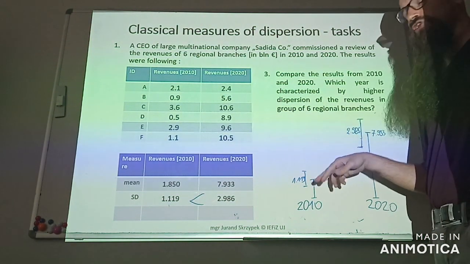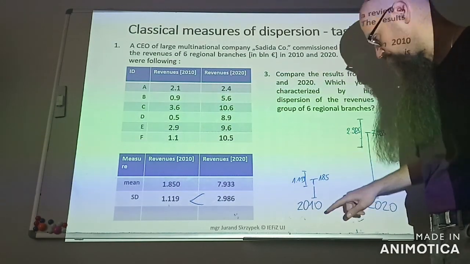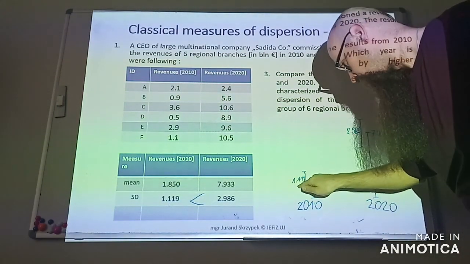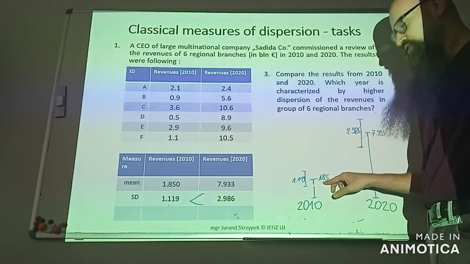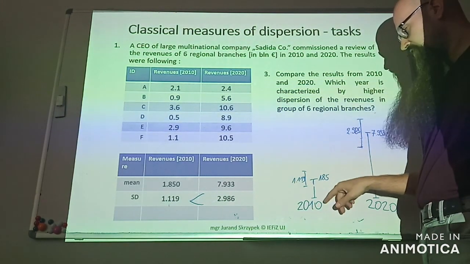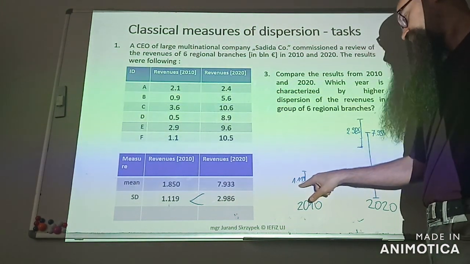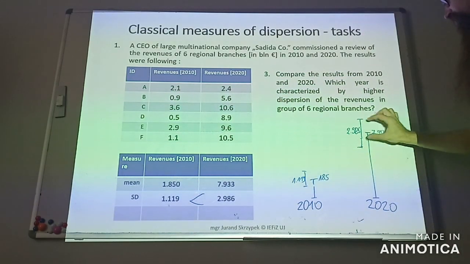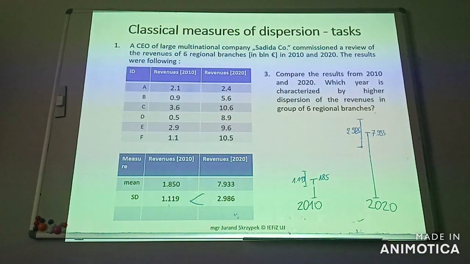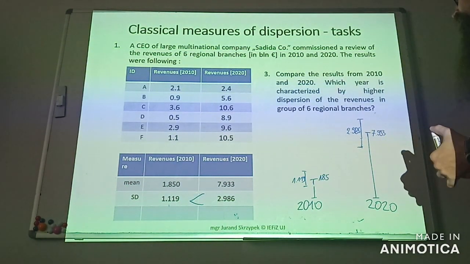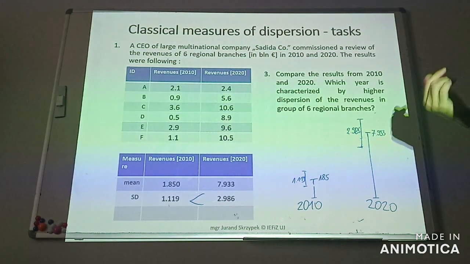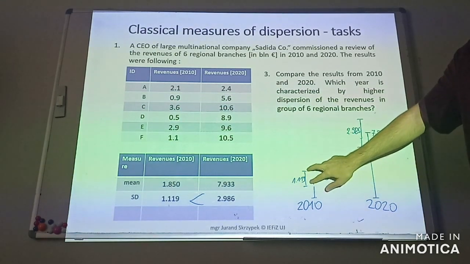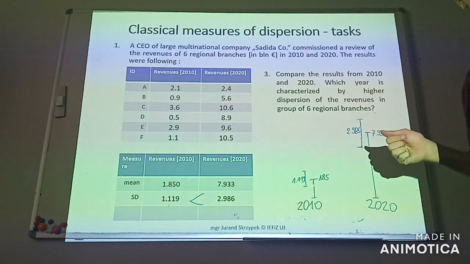In other words, we should compute a coefficient, a ratio between the average deviation and the average level of the considered phenomenon, and we will try to answer the question: what percentage of the mean is the average deviation?